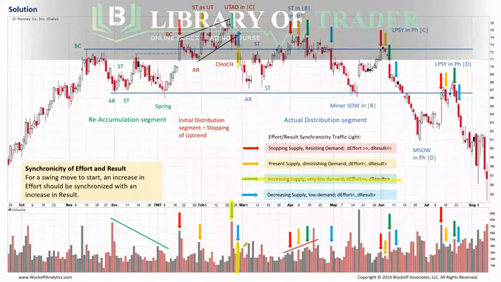So there is an ease of movement to the downside just because of what preceded it. How supply has emerged, stopped the uptrend, then showed synchronicity, and then it doesn't require additional selling. And the price just goes down.